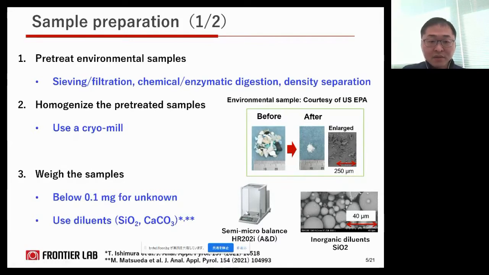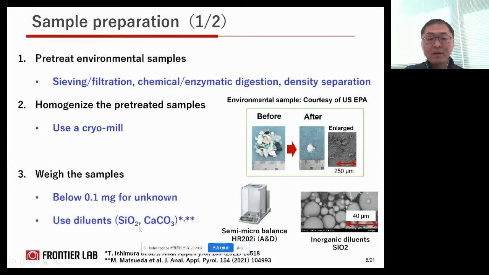So for the unknown sample, we recommend to use first 0.1 milligram or less, okay, to prevent system contamination. Well, in case you measure a microgram order sample, then you can also use a semi-microbalance, or you add inorganic diluents to your sample.